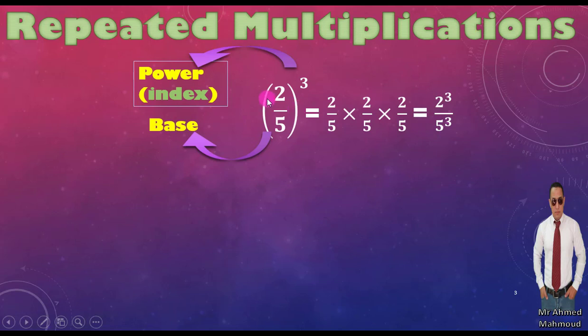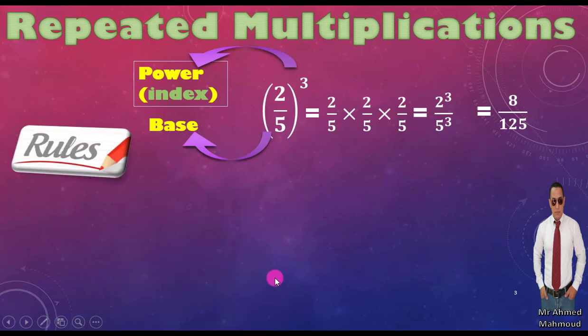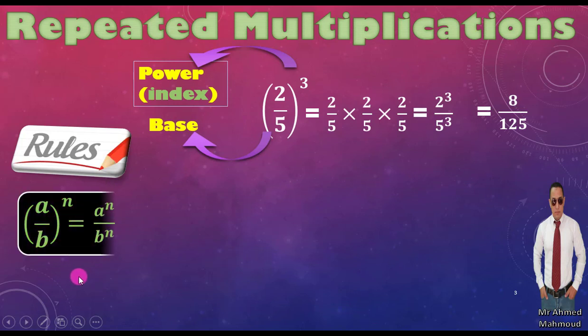Again, if we have brackets all to the power, I can distribute the power like this. So now I can conclude the first rule with us in this term. It is equal to 8 over 125. The first rule: if we have a over b, a fraction, all to the power of n, I can distribute the power: a to the power of n over b to the power of n.